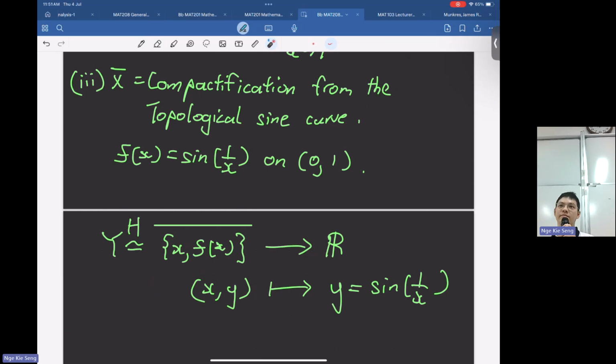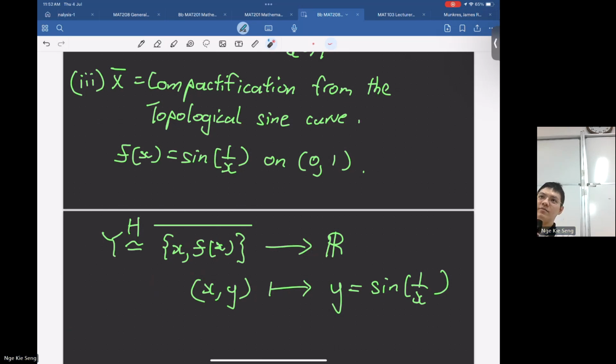For the general case. Got any questions? So basically, you just compose the embedding with the projection map and project to the part that you want to extend. And uniqueness is left as an exercise.